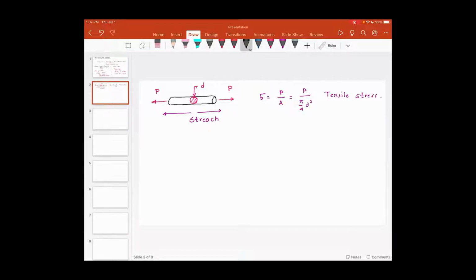Now, if you look at the same component, but rather than pulling, if the load is now pushing, this stress is called compressive stress.